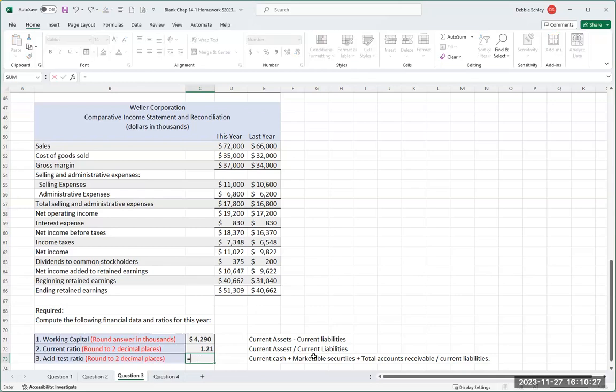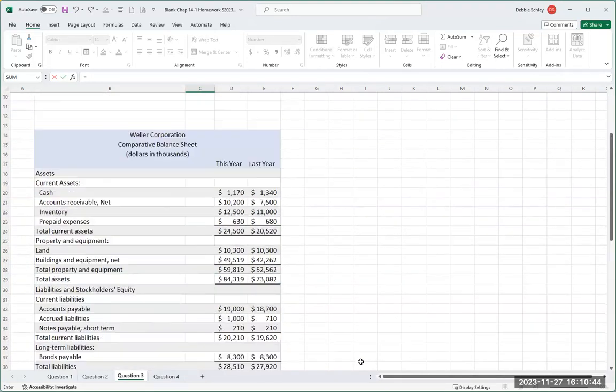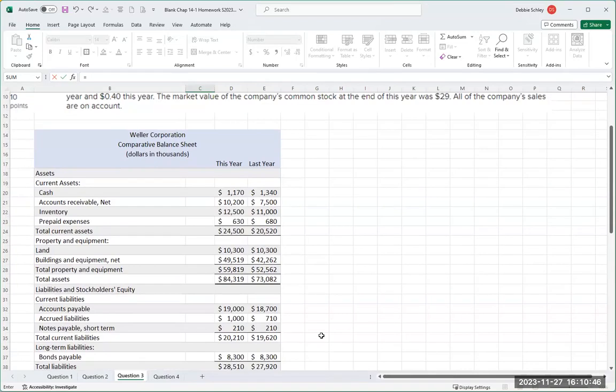So acid test ratio is current cash plus marketable securities, which for this problem, we don't have any, plus total accounts receivable. Oh, and then divide by current liabilities. So current cash plus accounts receivable. So I'm going to put parentheses and I'm going to go with this year's cash plus this year's accounts receivable, close parentheses, divided by total current liabilities.